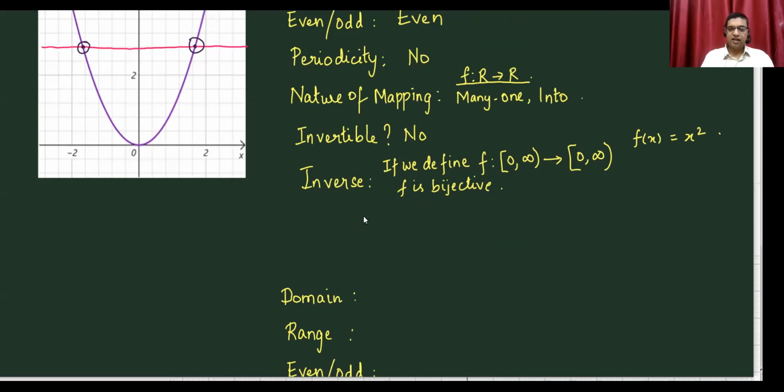Then f of x is equal to y, that is, x square equals y. Now I have to write x in terms of y. So x can either be plus or minus root y, but we omit the negative, because look at this: x can take only positive real values.